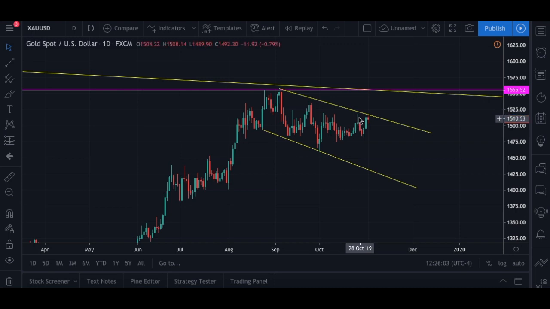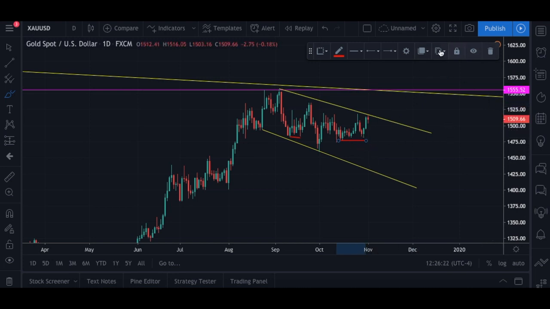It's rejected here before in this exact same area. I want to see if it's going to push further down back into this consolidated area, where all these candles didn't really know what they were doing.